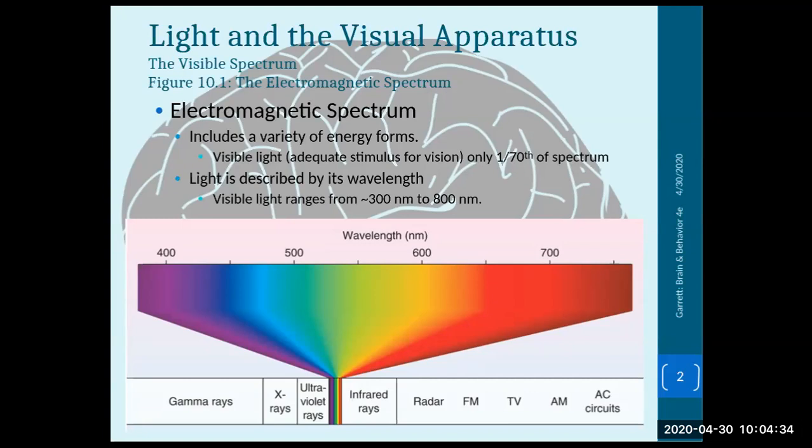So looking at the spectrum here on the left, you see gamma rays and X-rays are below the wavelengths needed for what we can see or perceive as colors. Gamma rays are things we can't see without a special machine. Obviously, X-rays you can't see. You just know that you have to put on that lead vest to protect yourself, and you can't see X-rays without putting them in a specific machine.